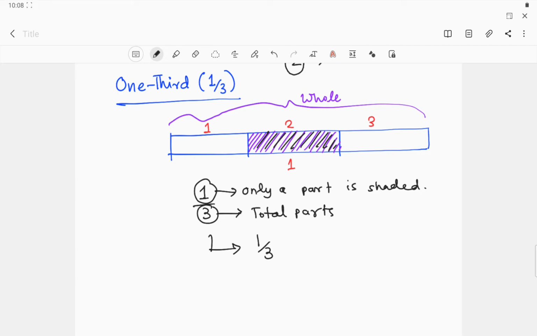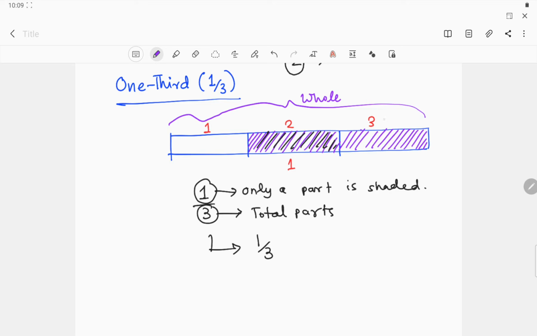And if you ask me why did you shade only the middle portion, if I shaded the third portion instead, so what will be your answer? In this case, the middle portion is not shaded, but it will be the same case. Only one portion is shaded. The answer will be the same. But now the two portions are shaded, 2 and third.